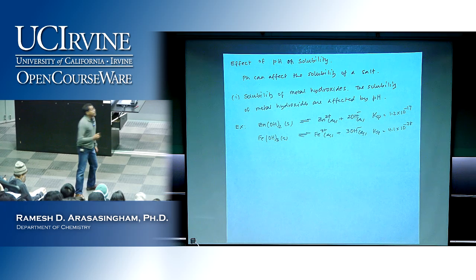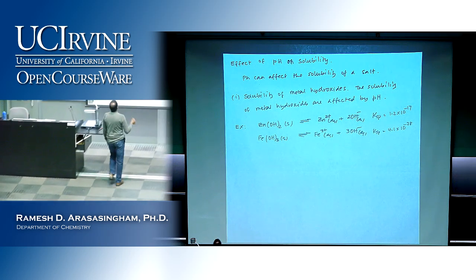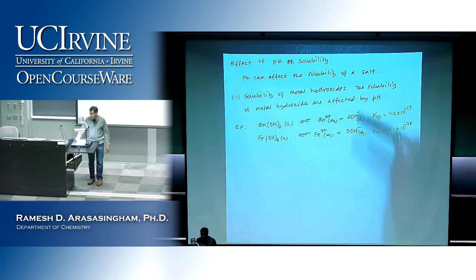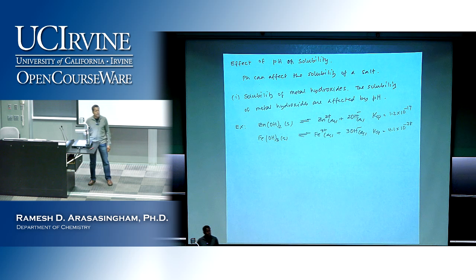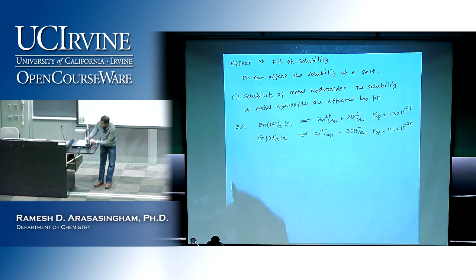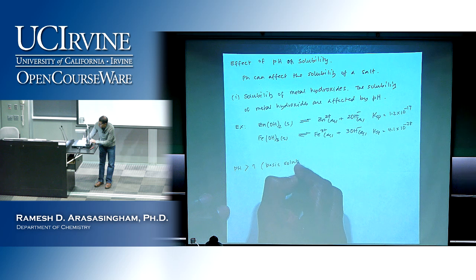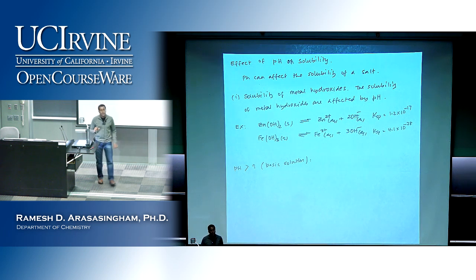Now, if you take both of these, you can see that one of the ions that you form is hydroxide. All right? So let's look at its effect. What happens if you change the pH of the solution? Let's say pH is greater than 7. In other words, we have a basic solution.